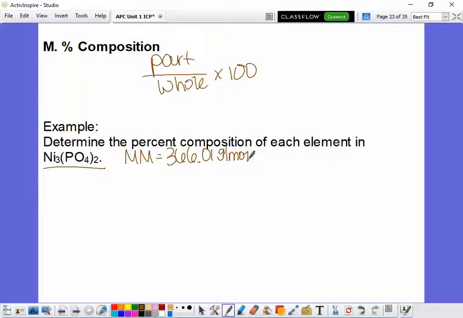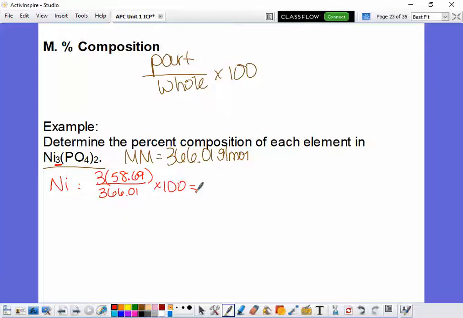So now you're going to find the percent of each element. So for nickel, what's going to be on the top? 176.07. Right, 3 of the nickel atoms. Okay, because remember, you have to deal with what they contribute. So this is how I wrote it. So I'm showing you that it's 3 times nickel's molar mass.